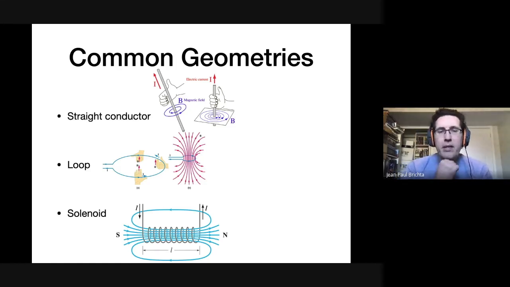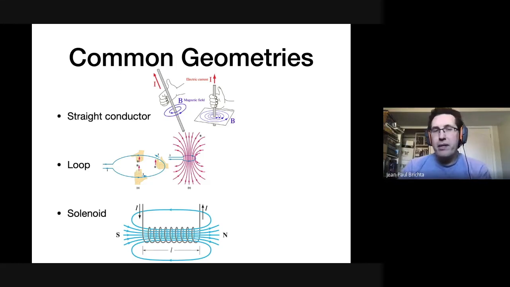But in this case, to figure out which way the magnetic field is going, you kind of turn things around. You coil your fingers along the direction of the current. So this is why it's sort of similar to the first situation. You coil your fingers in the direction of the current, and then your thumb points in the direction of the magnetic field lines, okay?